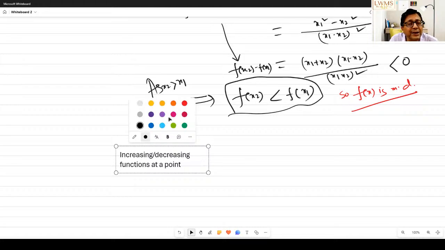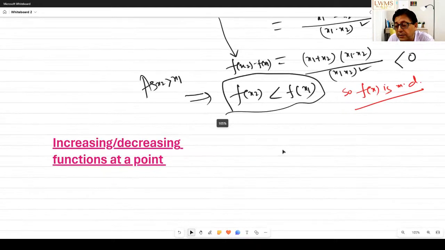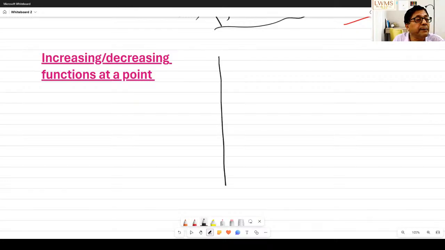What do you mean at a point? Interval was perfectly alright. Why at a point? Because we will basically observe the tendency of the graph of the function, whether it is increasing or decreasing. But at a point, when we specify, we need to draw the neighborhood of the point.